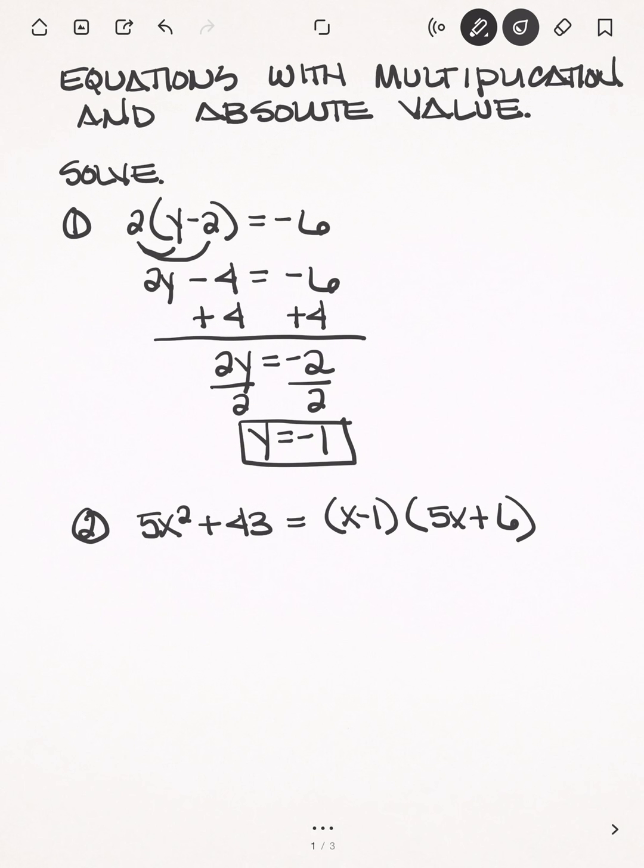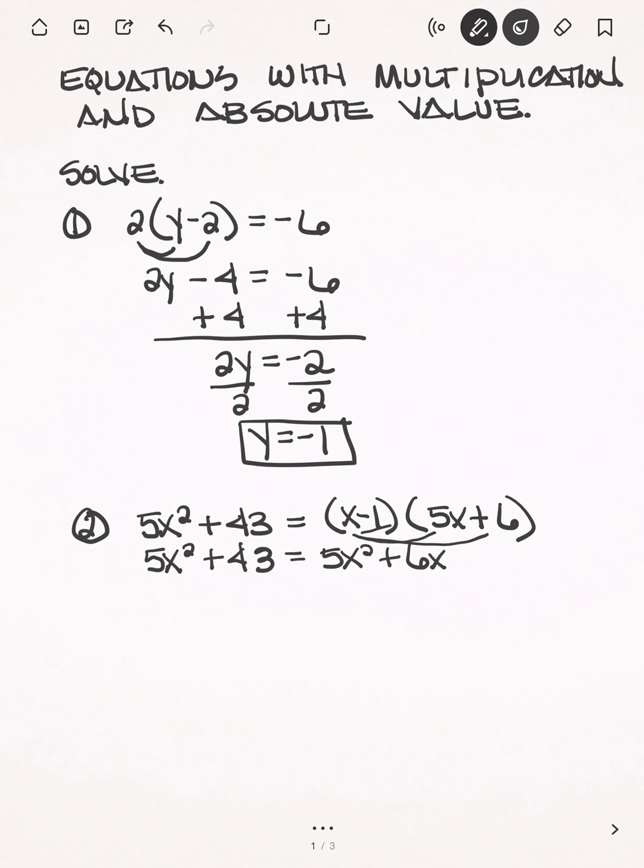So we don't have to do anything over here, so we'll just recopy our 5x squared plus 43, and we're going to distribute. We have x times 5x, that would give us 5x squared. And x times a positive 6 would be plus 6x.